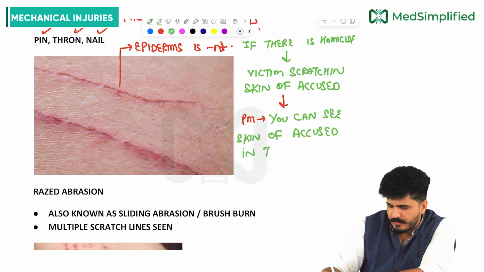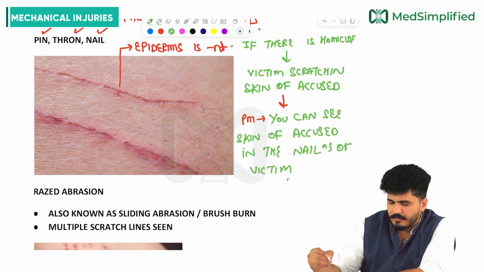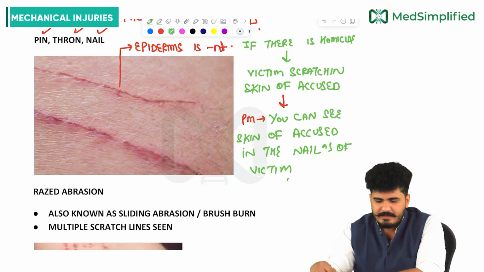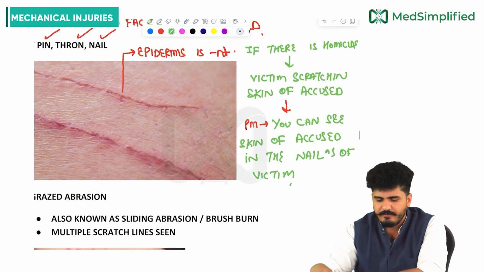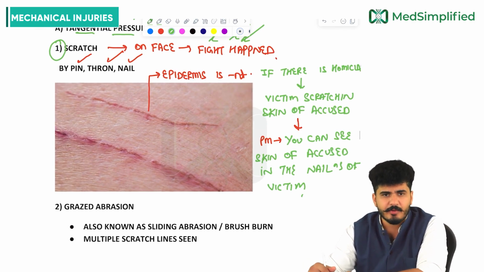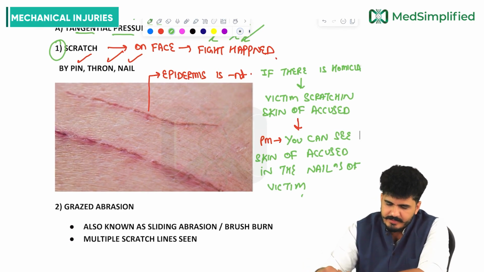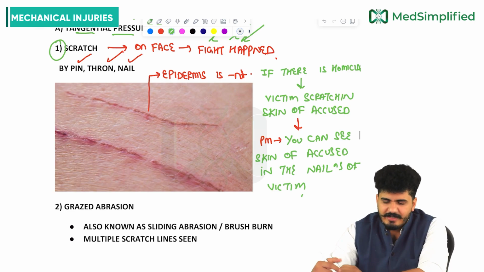In the post-mortem findings, you can see the skin of the accused in the nails of the victim. So many medico-legal importances are there, my dear friends. In a scratch, there will be a tangential force.